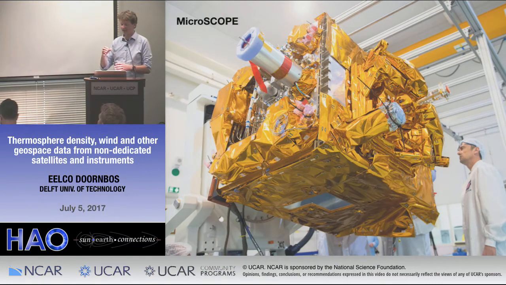One of them contains proof masses of different materials, and the goal of the whole mission is to prove that Galileo was right, that basically, independent of the material, there's an equivalence principle in fundamental physics. I'm not a physicist, but basically independently of the material, the acceleration due to gravity must be the same.